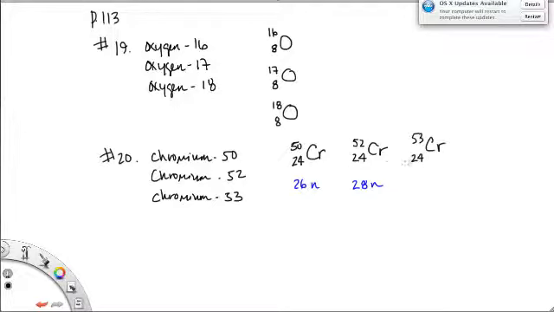And so see, in each one here, the atomic number has not changed. It's always 24. It can't change. That's what gives the element its identity. Chromium always will have 24 protons in its nucleus. However, its mass number can change because the number of neutrons can change. So in chromium 53, it has 53 minus 24, which is 29 neutrons.